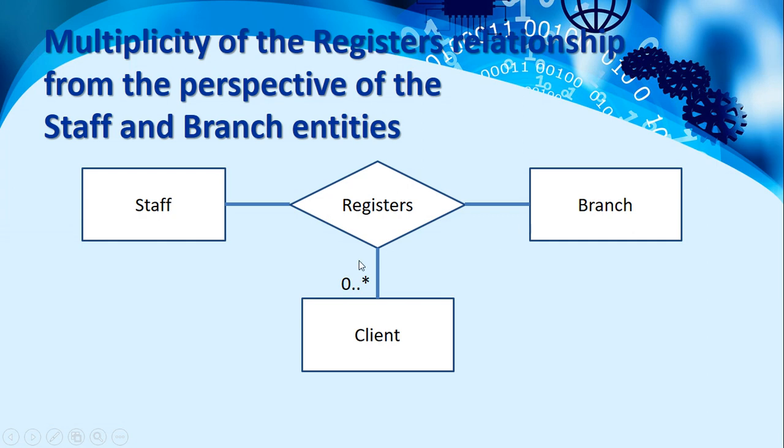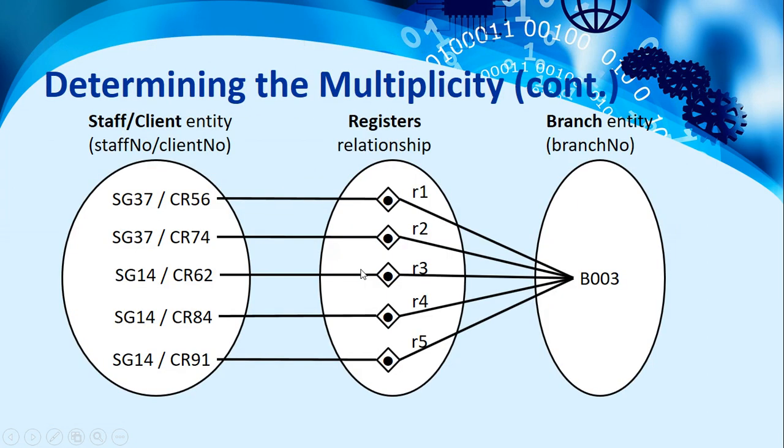And then, this time, what we pair up is the staff and client. So, we have the following: staff handles client CR56, and registers this client into a branch. Only one branch can be assigned by a staff to a client.